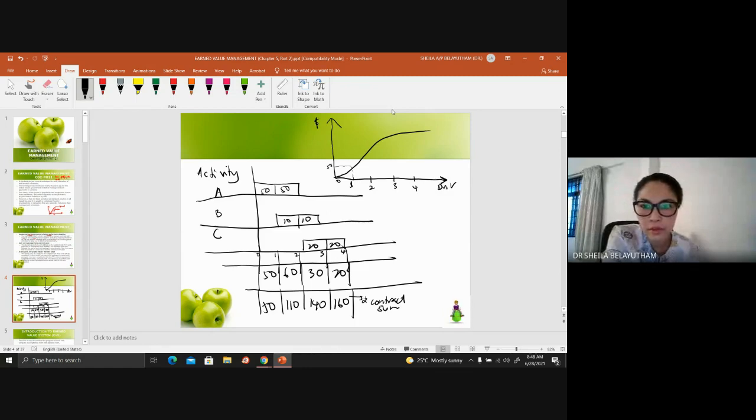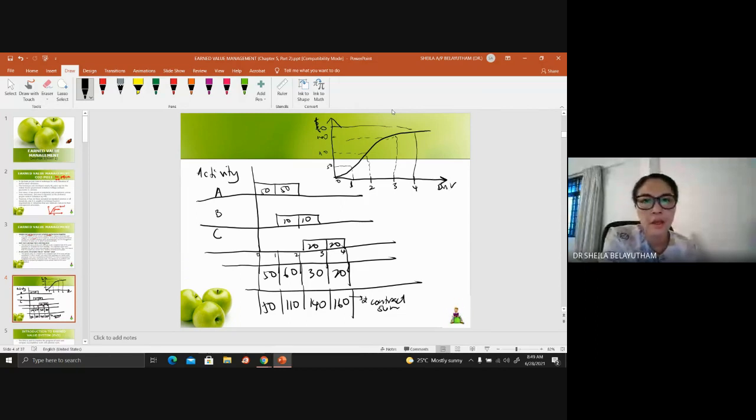Week 2, 110, week 3, 140, and finally 160. Okay, so you will get your S-curve as such.